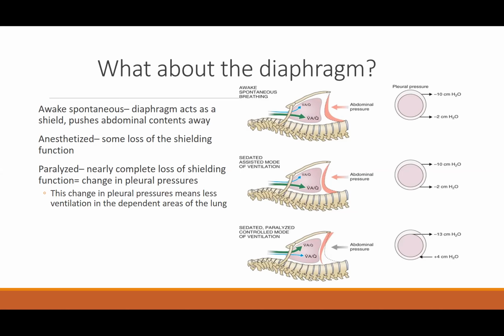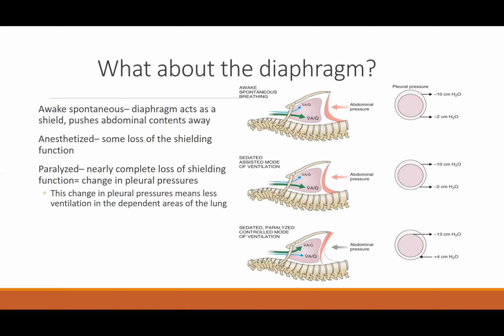But it does give a pretty good depiction of what happens to ventilation, which is the movement of air coming in and out of the lungs. What happens to the diaphragm when somebody is awake, when somebody is sedated, and when somebody is paralyzed? So first, we're going to look at awake and spontaneous.